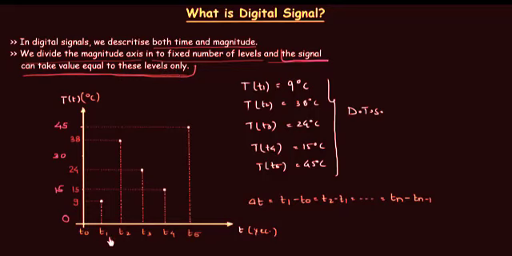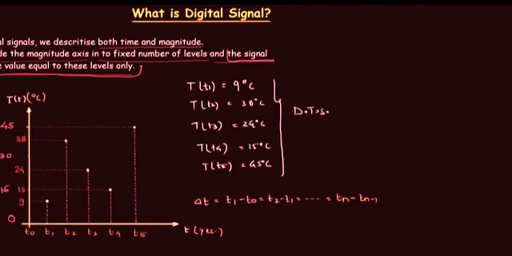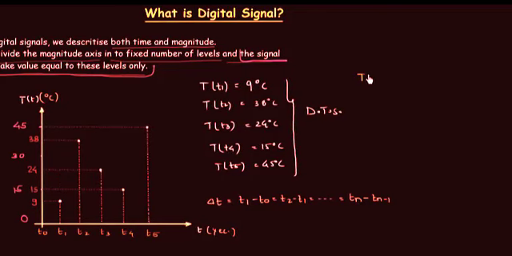Now we will consider the same case, the same temperatures for the same time, and we have to find out what is the value for temperature capital T at these times. We are considering the digital signal in this case. So let's start. Temperature T at time T1. At T1 we have 9 degrees Celsius, but 9 is not allowed. It is between 0 and 15. Now what we have to take? 0 or 15?